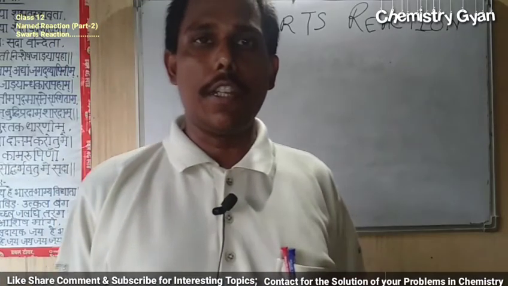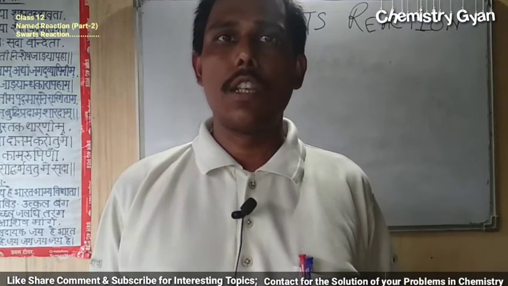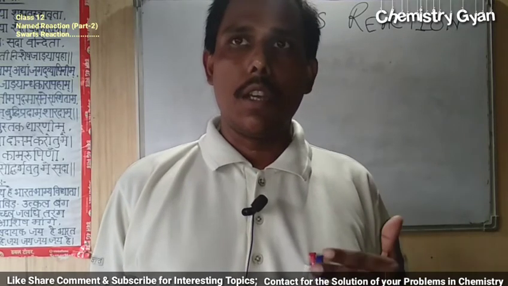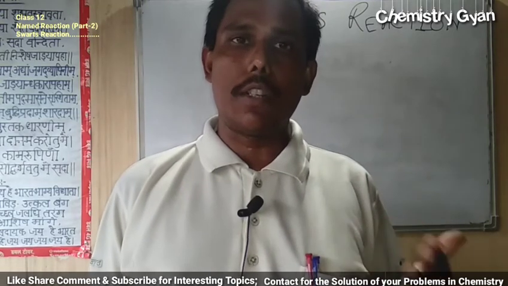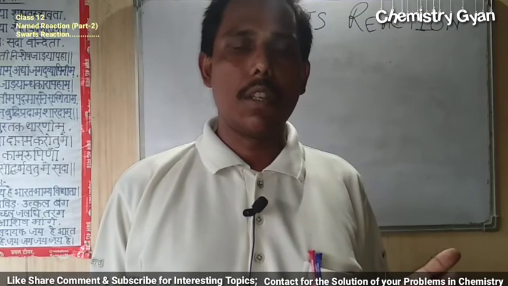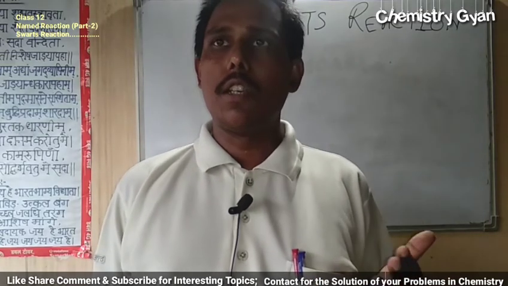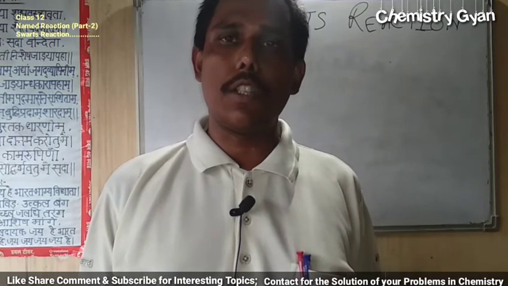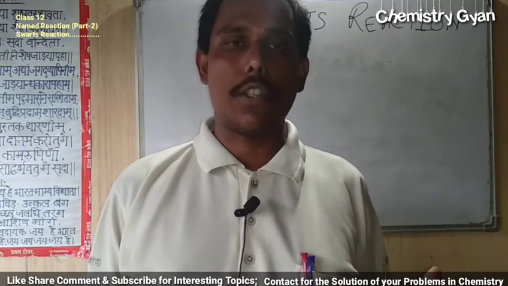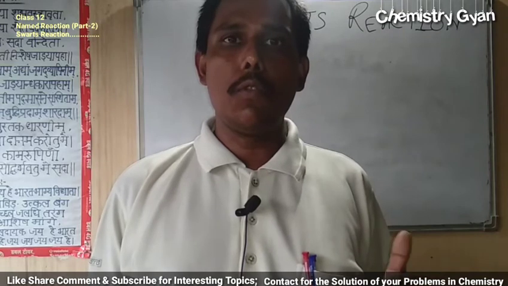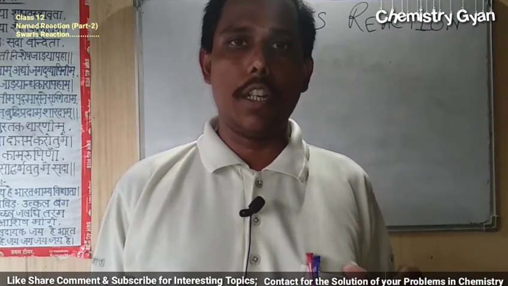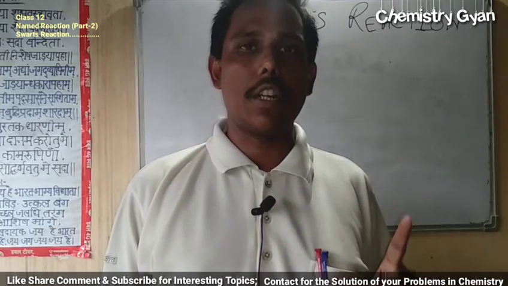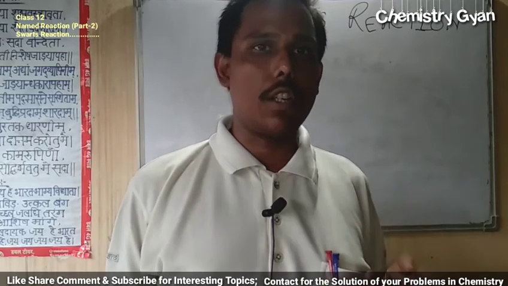If any organic halide has 2 or 3 chlorine or bromine atoms, and you have to do the fluorination of this by the Swarts reaction, then you have to use the Swarts reagent.